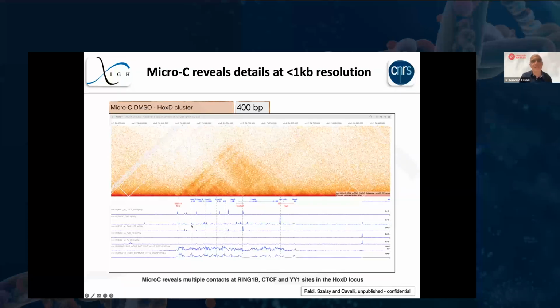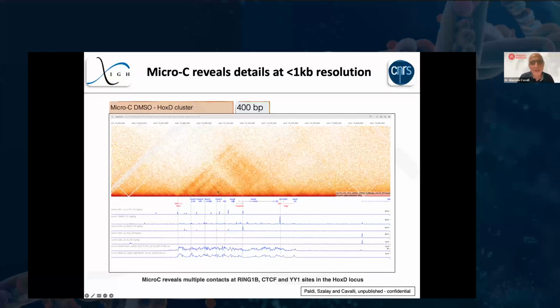So we have a mixture between CTCF loops, YY1 hybrid loops, and Polycomb loops in the same locus, which is now in a repressed state. Denis has studied the opening of the locus in great detail. I won't go into that, but you can already see the complexity that you can detect.